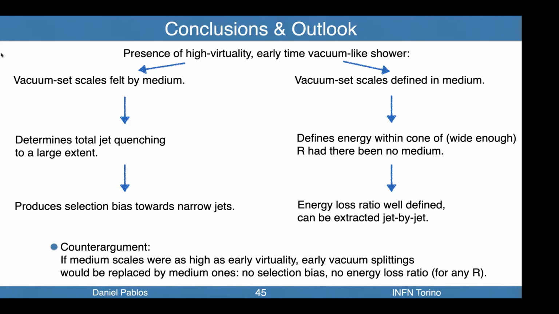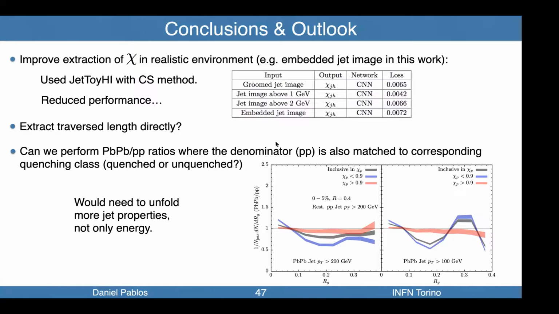So I don't know if I understood, sorry. You're saying whether we validated the subtraction procedure itself, right? So I was just saying that you use a CNN, and then there's also this network done as a cross-check that has worse performance. Did you try that on an embedded sample?